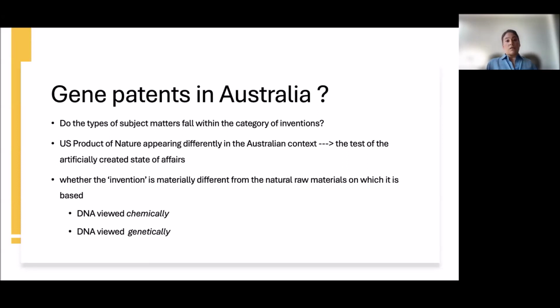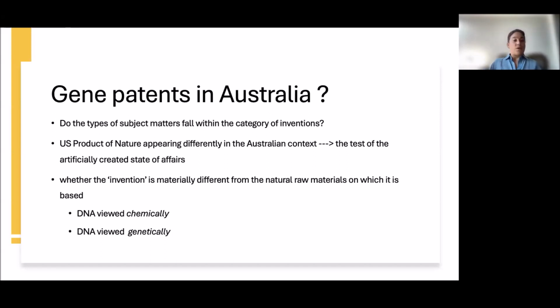The Australian courts use the test of the artificially created state of affairs. And if it's there, it might be okay. But the court had to decide whether the invention is materially different from the natural raw materials on which it is based. And this might change depending on how you look at the DNA.